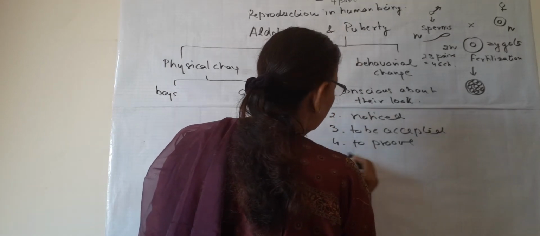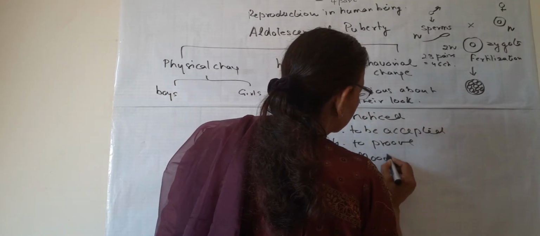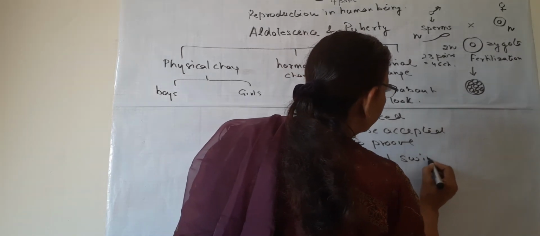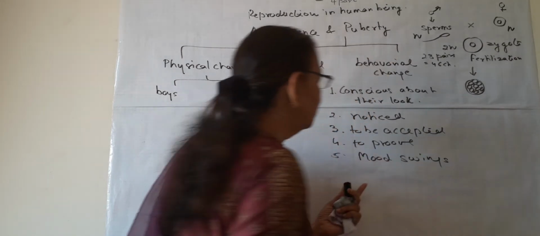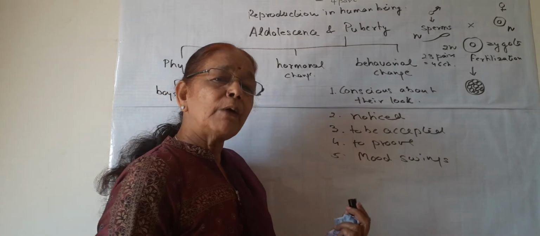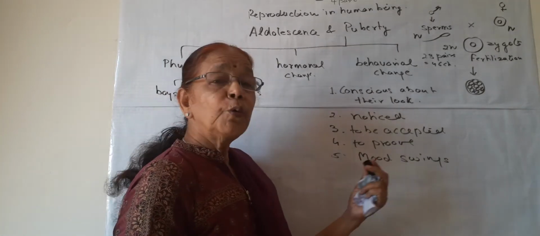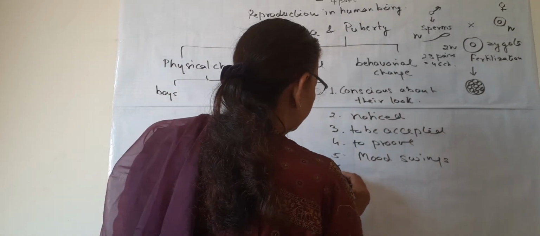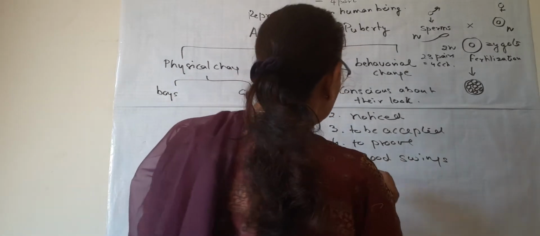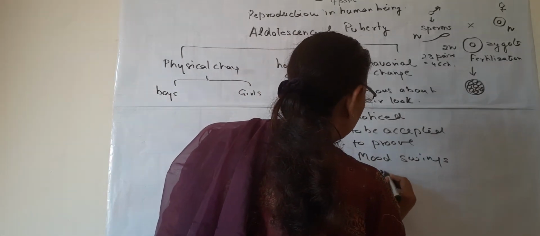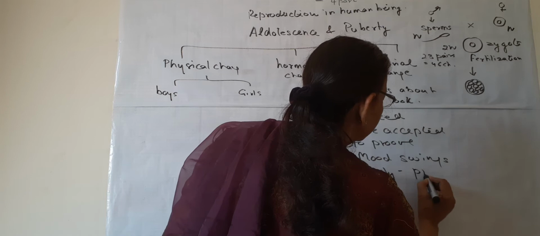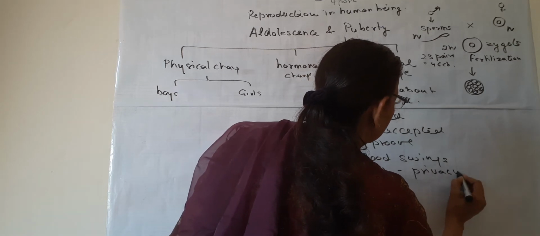They have mood swings. Sometimes they are happy without any reason. Sometimes they are sad without any reason. So mood swings are there. Then they want to be alone, they need privacy.